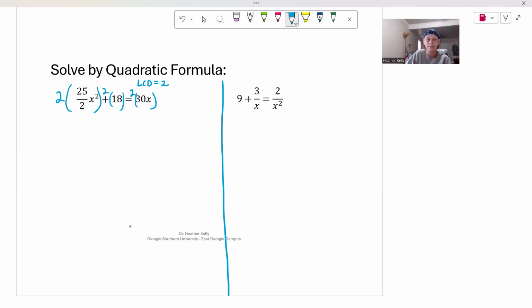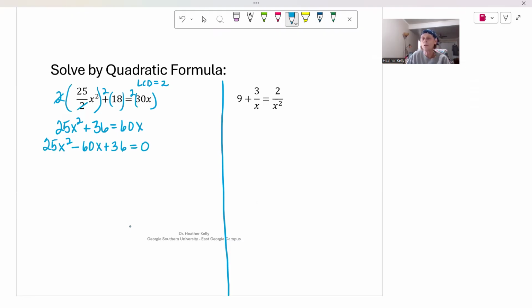Wrote it on the right side this time. Yay, I'm improving today. So those cancel out. We have 25x squared plus 2 times 18 is 36 is equal to 60x. Okay, then we're going to put it in descending order. 25x squared minus 60x plus 36 equals 0.